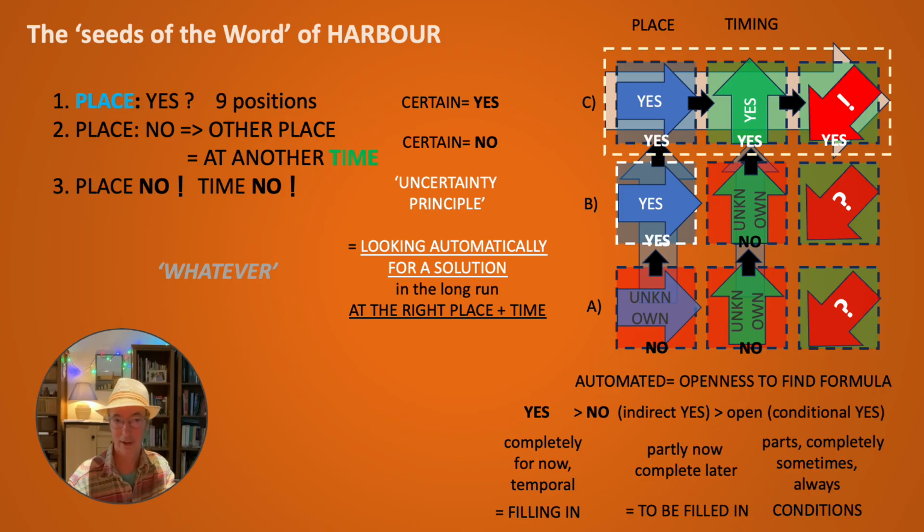It's not a certainty that it will come at a certain time, but we can define it because there is a certain no, and we follow the no. If we don't know the place, if we don't know that there is another time, it will be a completely uncertainty principle, and that will look automatically further for a solution in the long run, and then it will find its right place and its right time if you formulate that well, if you find that structure, if you find that frame in which it can fit.